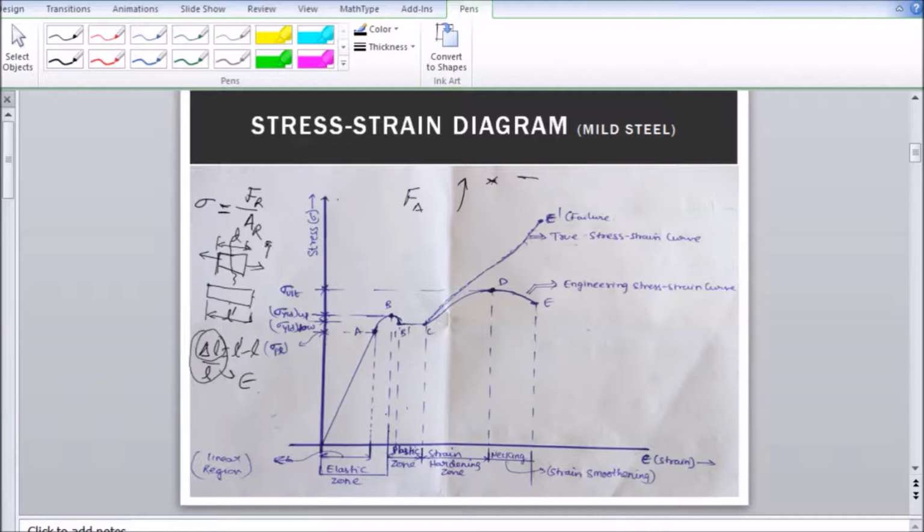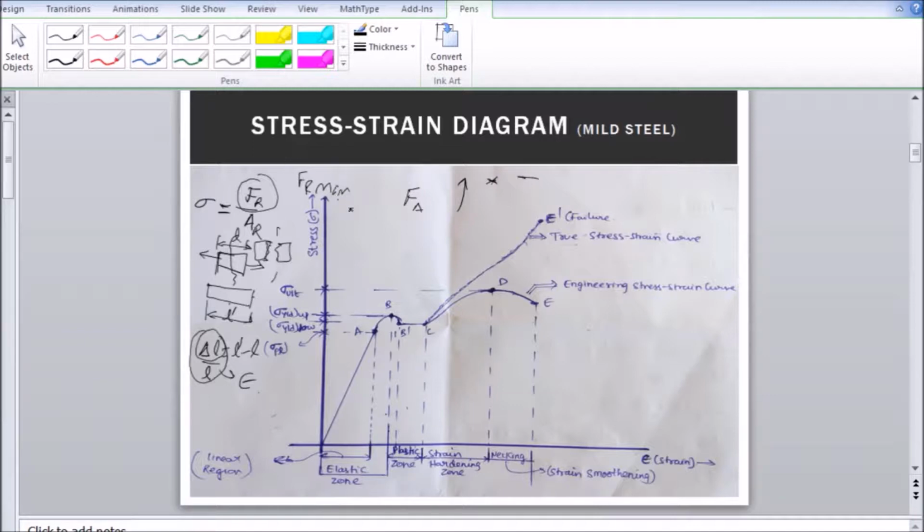This part will become separate and this part will become separate. The force required to break this specimen will be different for different materials. That means the maximum resisting force, Fr max, is different for different materials.